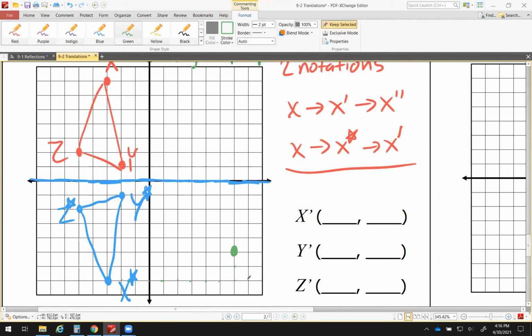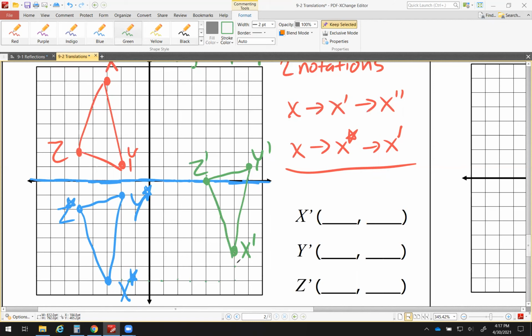So that's a 9 and a 2, and x star will finally land at x prime, our final resting place here. Same thing for y. Y is going to go right by 9 and up by 2, and that's going to be y prime. So y to y star to y prime. And then z is going to go right by 9, up by 2, right there on the x-axis, z prime.